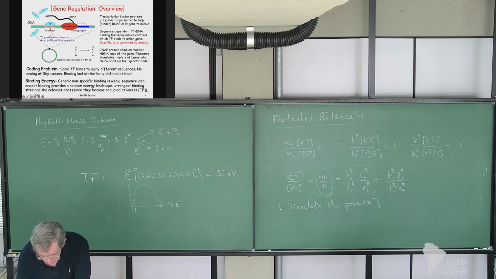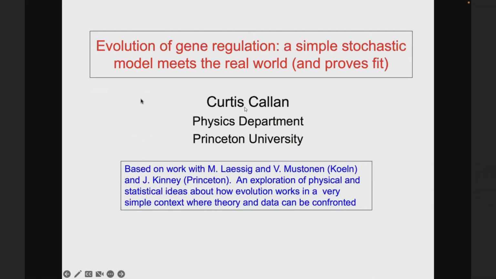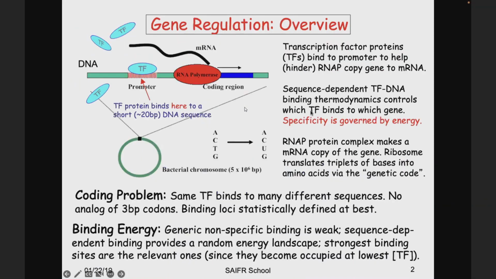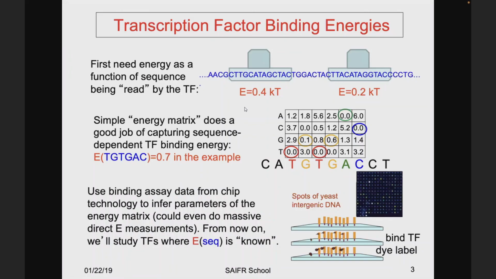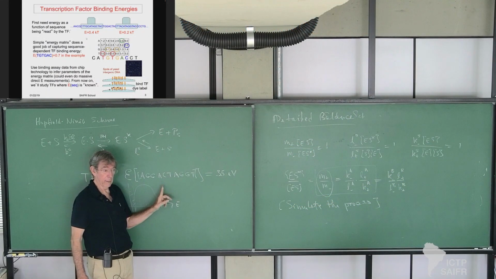Okay, so binding energy. When we pick this up tomorrow, we'll talk about how you model transcription factor binding energies, and mutations come in because in any particular species, as time goes on, the sequences in these regions where the transcription factor binds to turn on the transcription can change.